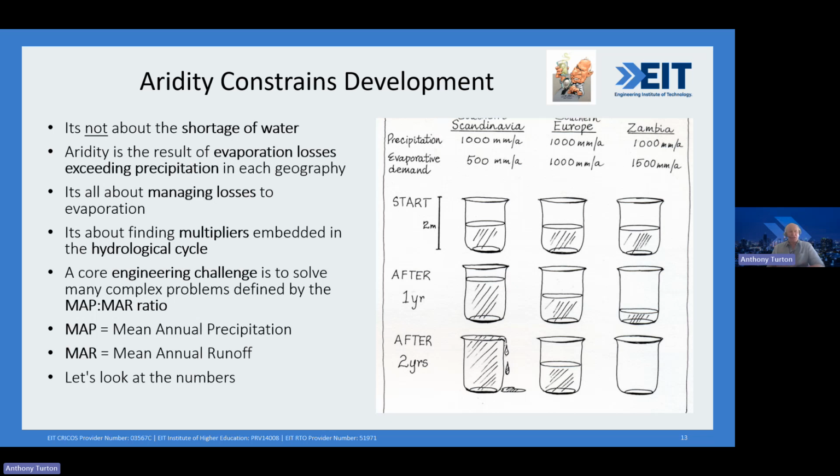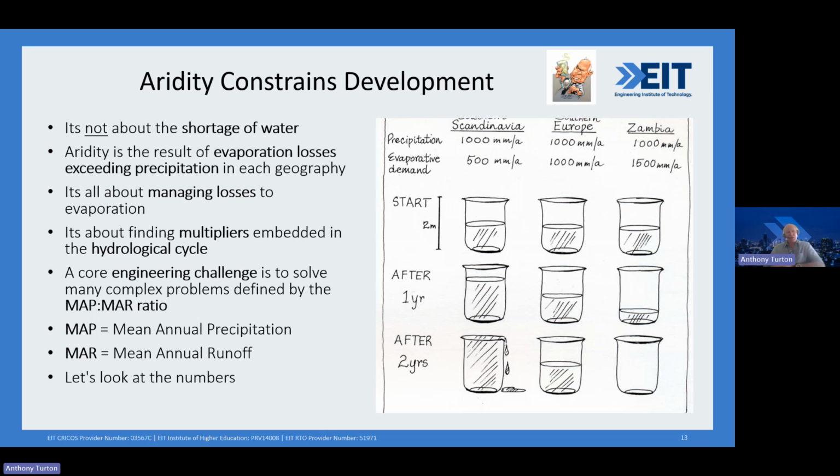So in the case of Scandinavia, the tank starts at half full, so it's 1 meter high water, but after a year it becomes 2 meters high because you get an additional 1,000 millimeters of rain and you lose 500. In Southern Europe, you get an additional 1,000 millimeters of rain, you lose 1,000 millimeters to evaporation, so your tank remains as it was at the start of the cycle.